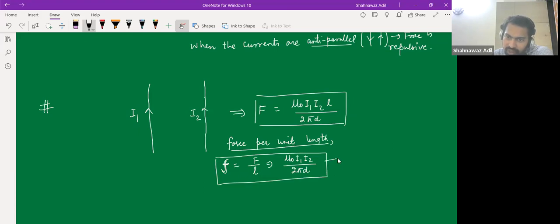And what would be the SI unit? The SI unit would be Newton per meter. So now, what is the definition of 1 ampere?